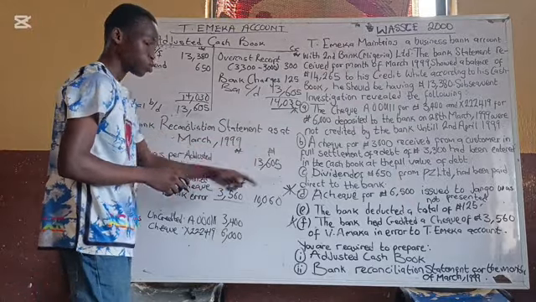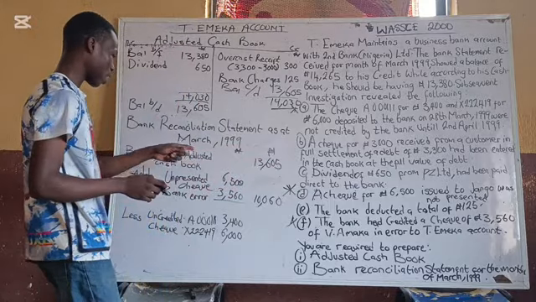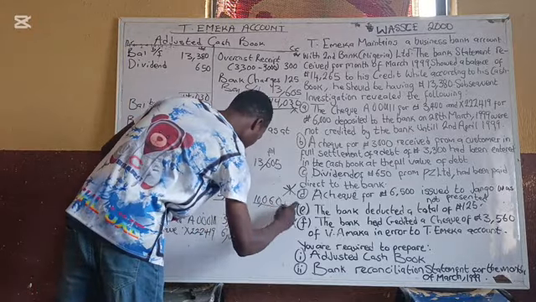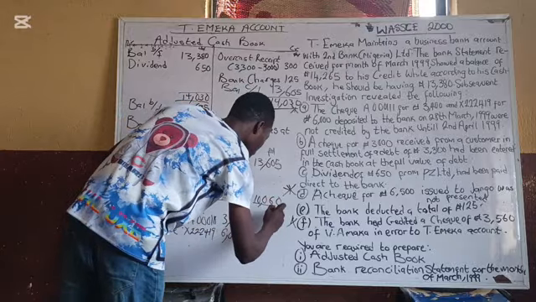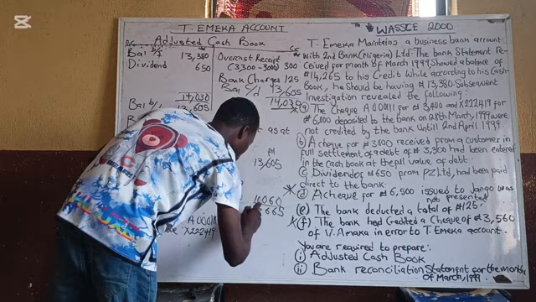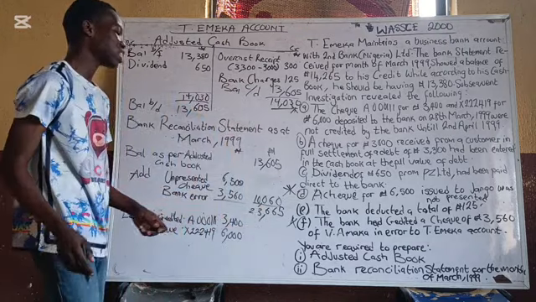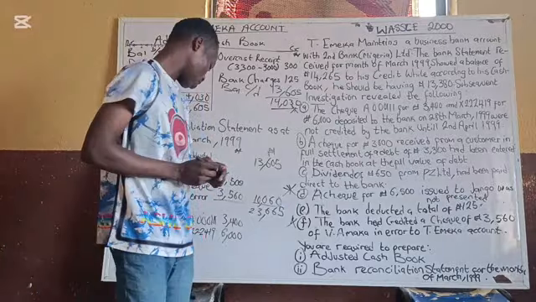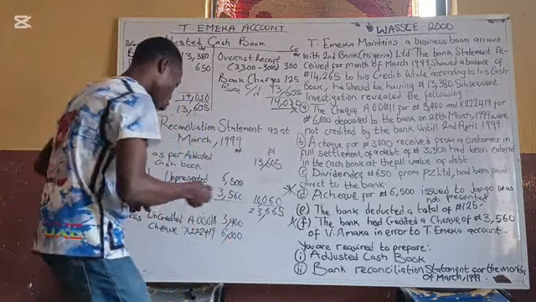Now let's add it to the balance as per adjusted cash book. Now when you add this up, you are going to have 23,666. Now what is the addition of these two?